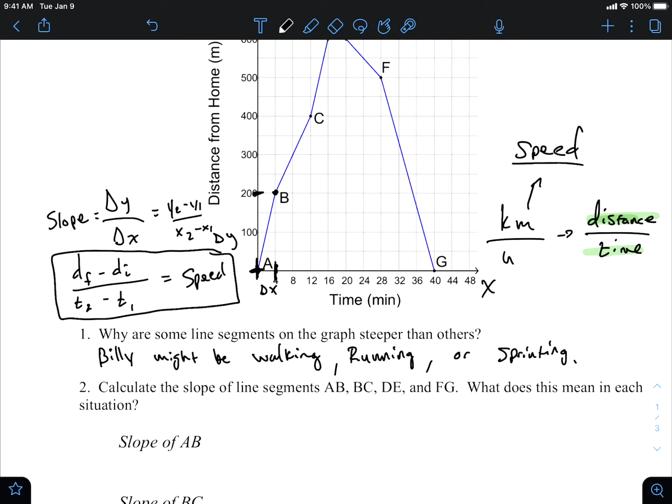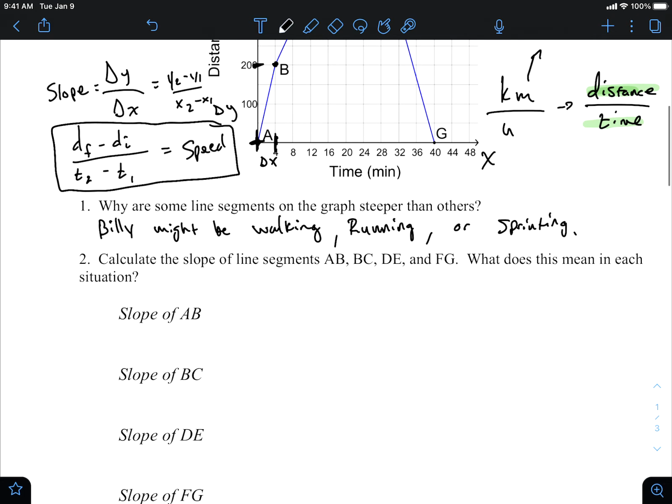So when I come down into number 2 here, and I find the slope of AB and the slope of BC and the slope of DE, so on and so on, I'm actually finding how fast Billy was moving, because that's the slope on a distance time graph. And because I teach physics, there are 3 different graphs in reality: distance time graphs, velocity time graphs, and acceleration time graphs.